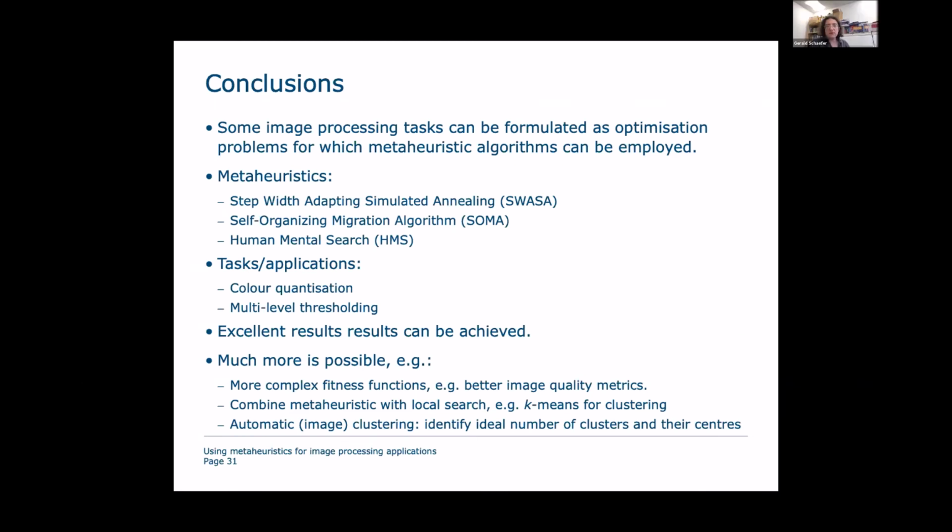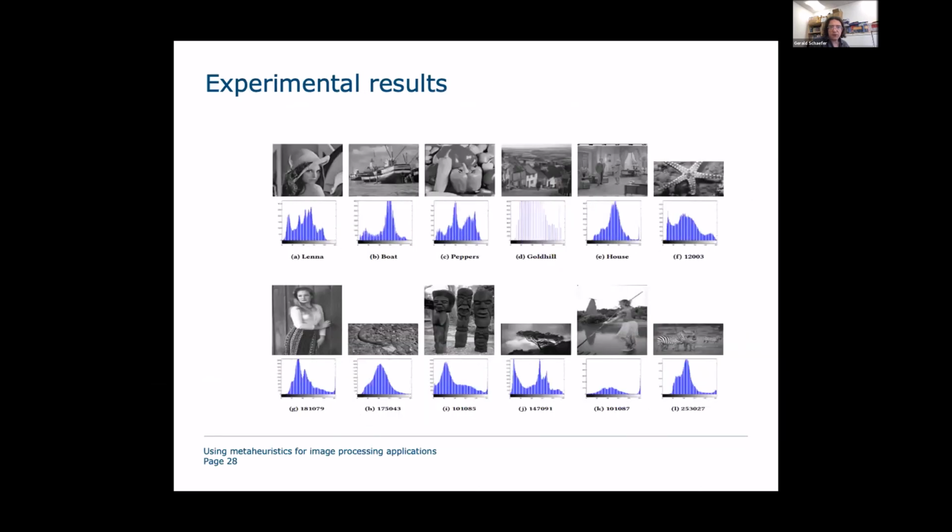Well, again, like with many of these, one would need to try it out. For thresholding, here you see the images that we've used. That includes images with people in them, images which are more stylistic, images with animals.